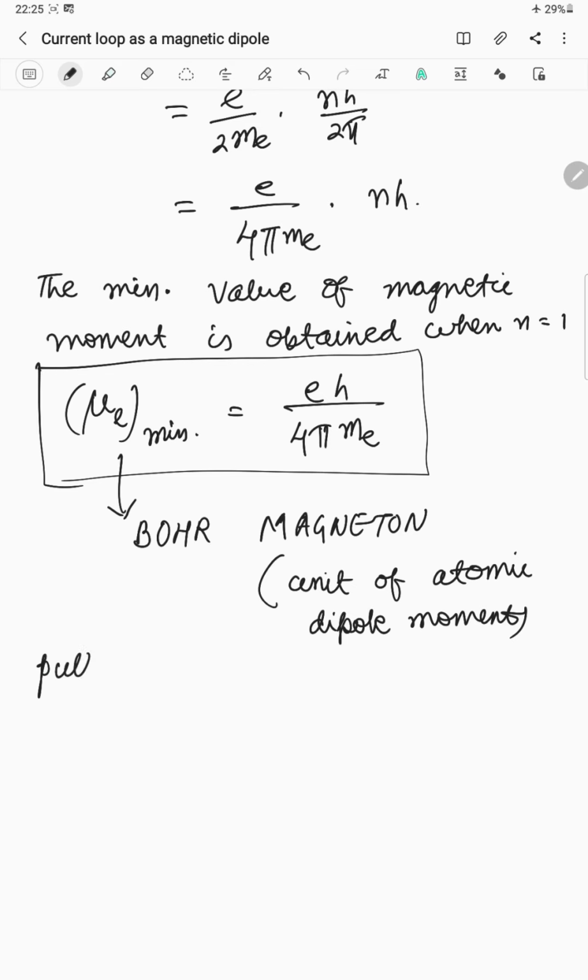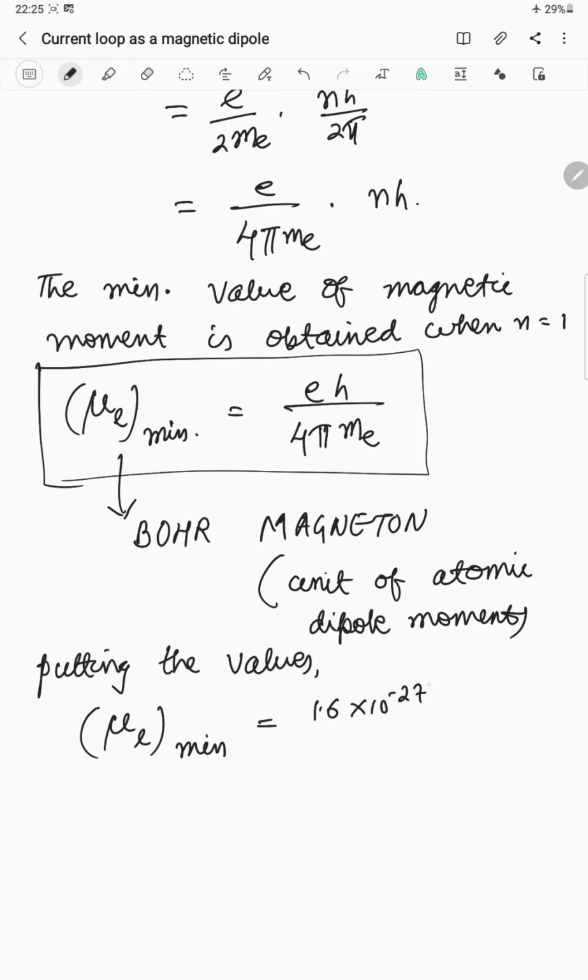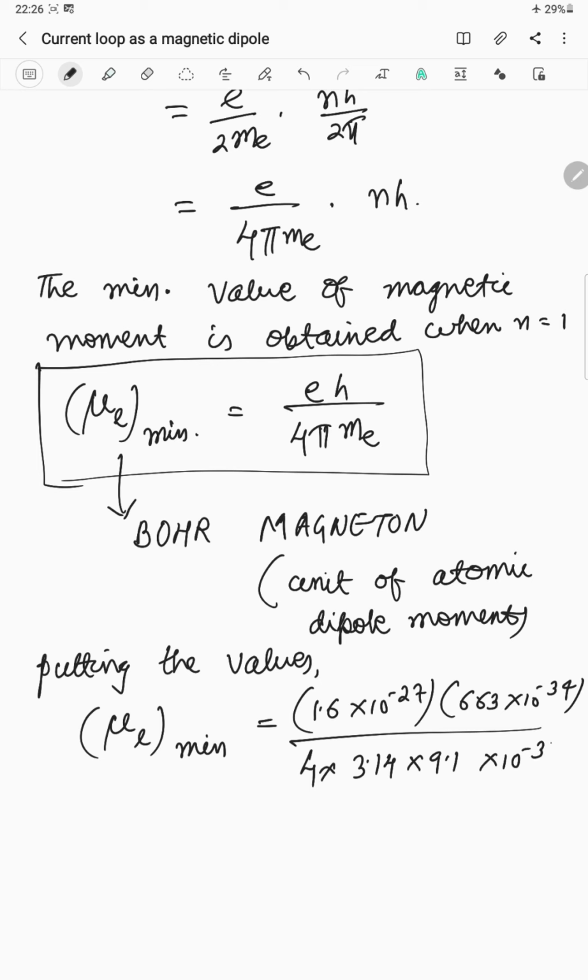So putting the values, your mu L minimum is equal to how much? e means 1.6 into 10 to the power minus 19, then h value is 6.63 into 10 to the power minus 34, divided by 4 into 3.14 into 9.1 into 10 to the power minus 31.